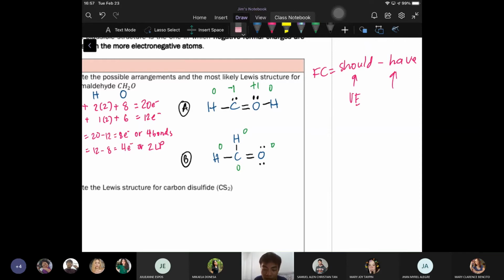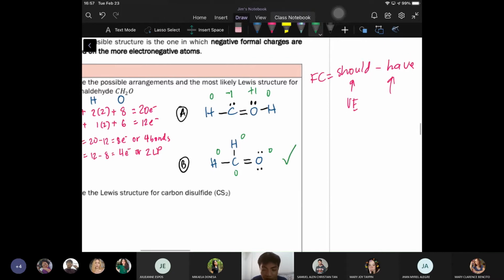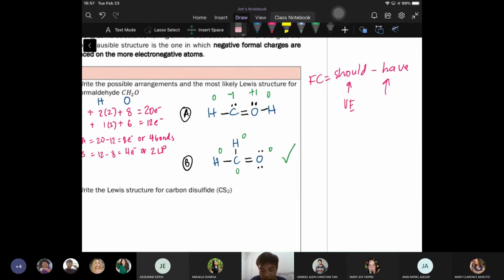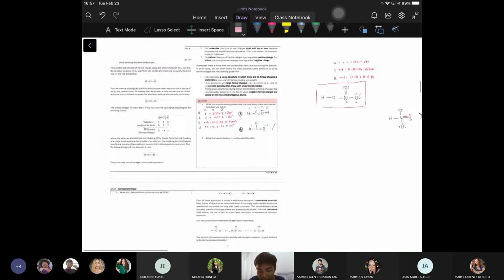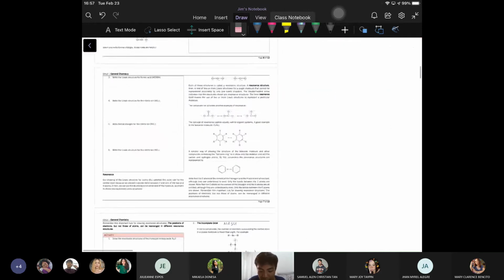Number two, the electronegative atoms should be the negative ones. That is already violated by letter A. And the least electronegative atom should be the positive one, which is also violated by structure A. So that means letter B is the final structure for formaldehyde. Okay? So that's it. So the rule works.